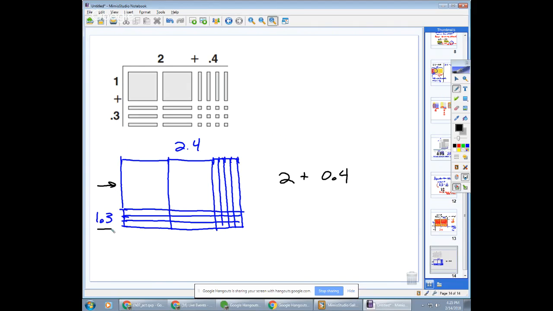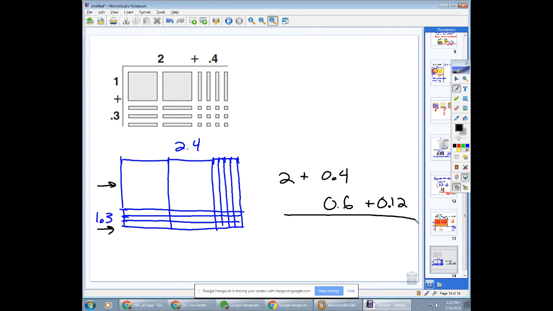In the next row down here, I see 6/10, and then I see a group that's 4 by 3, but those are 12 what? Hundredths, because those little things are 100 to the whole.